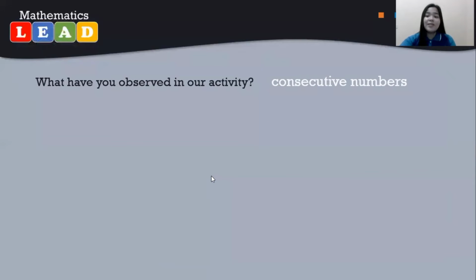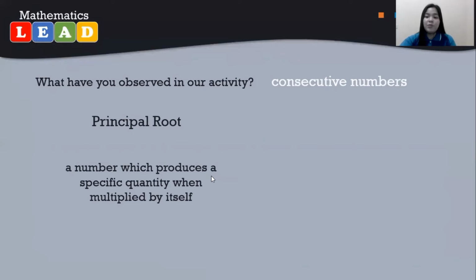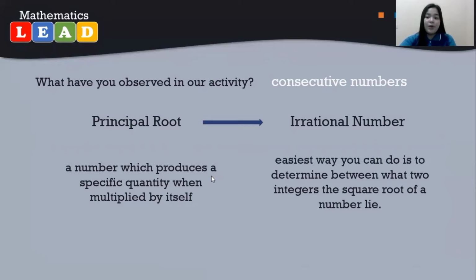In the previous lesson, it was said that the principal root is a number which produces a specific quantity when multiplied by itself. It can be rational or irrational. If a principal root is an irrational number, the easiest way you can do is to determine between what two integers the square root of a number lies. And I will show you how to do that.